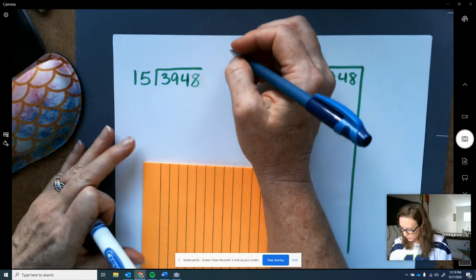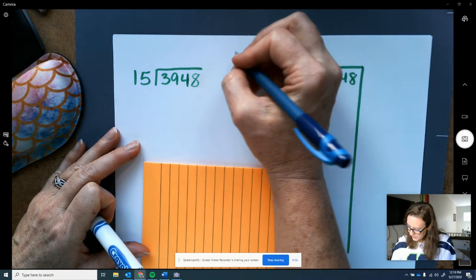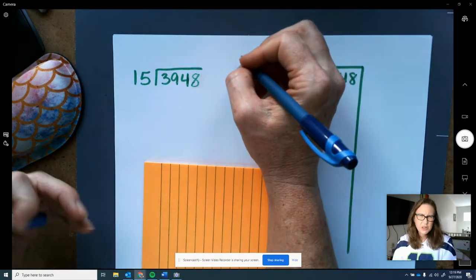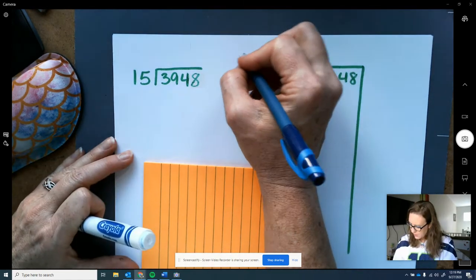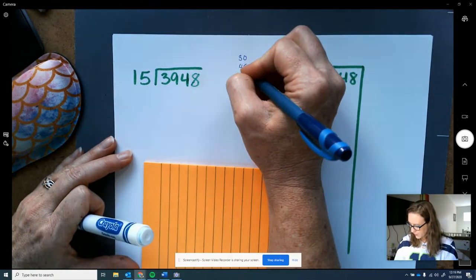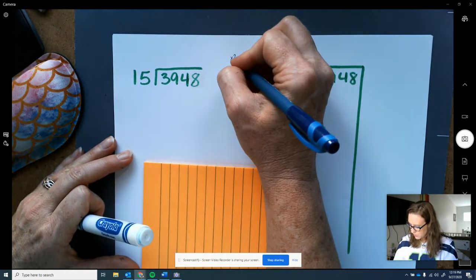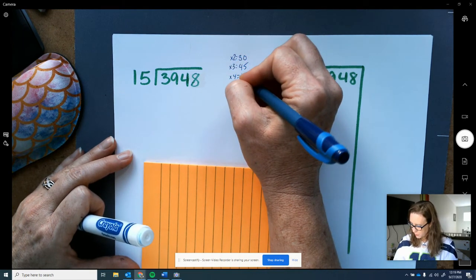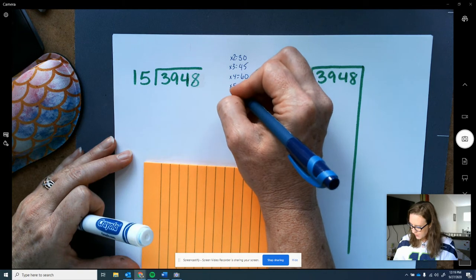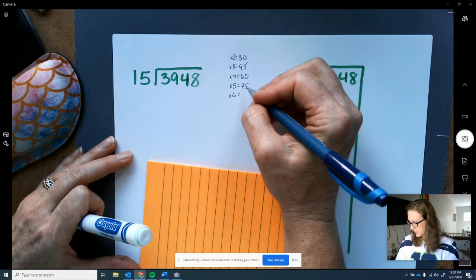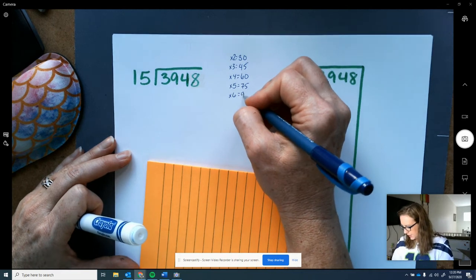All right, so I'm going to write down my 15s. So 15 times 1 is 15. I don't feel like I need to write that one down because that one's a given. Then 15 more is 30. Then 45, so this is times 2, times 3, times 4 is 15 more, which is 60. Times 5 is 15 more, which is 75. Times 6, which is 15 more, which is 90.